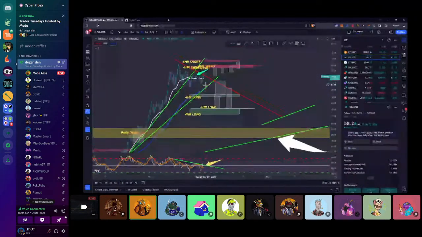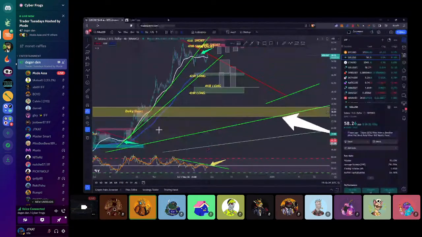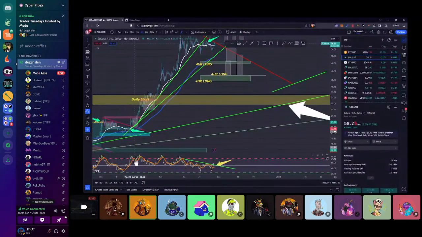That's why we look for our indicators and we put stop losses accordingly. But what we do know is this uptrend, this green line, this momentum of us just printing candles above the white line, this momentum of us finding support above the RSI the entire time has come to an end.